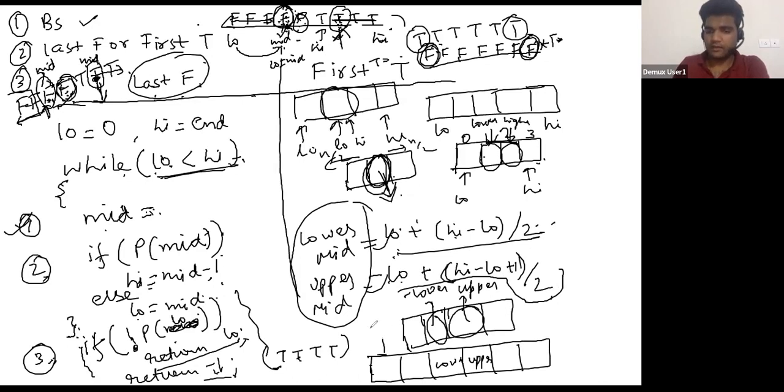So basically you have a low, you have a high. It's basically base plus offset, low plus this distance. So what is this distance? This distance is this entire distance, which is high minus low by 2. And for the upper, it is this entire distance plus 1 by 2. That will give you this. Okay, so this is low plus this, base plus offset.